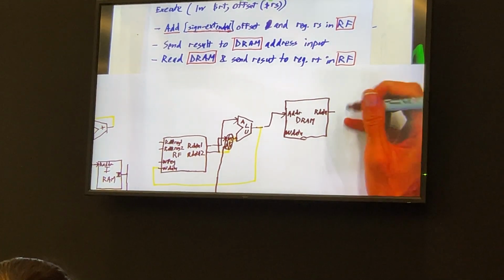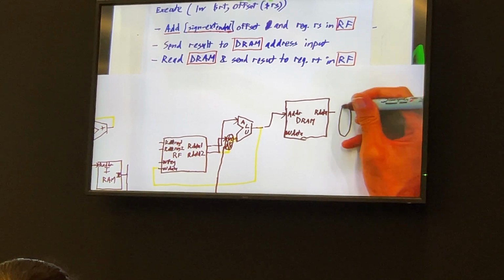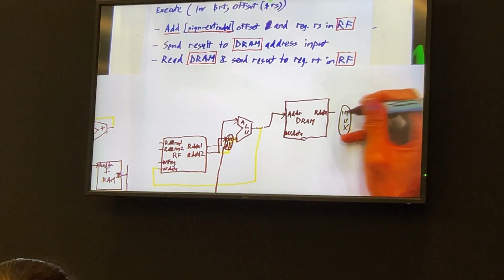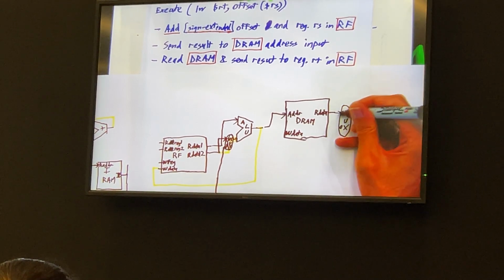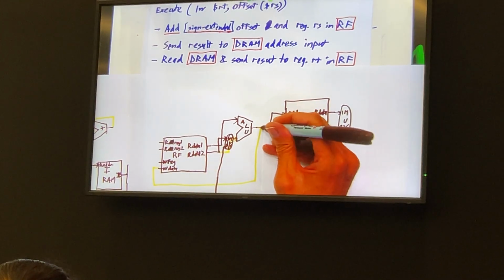So let's make a mux. We are going to call this one input 1 and this one input 0. And input 0, forget this yellow. This yellow no longer exists.